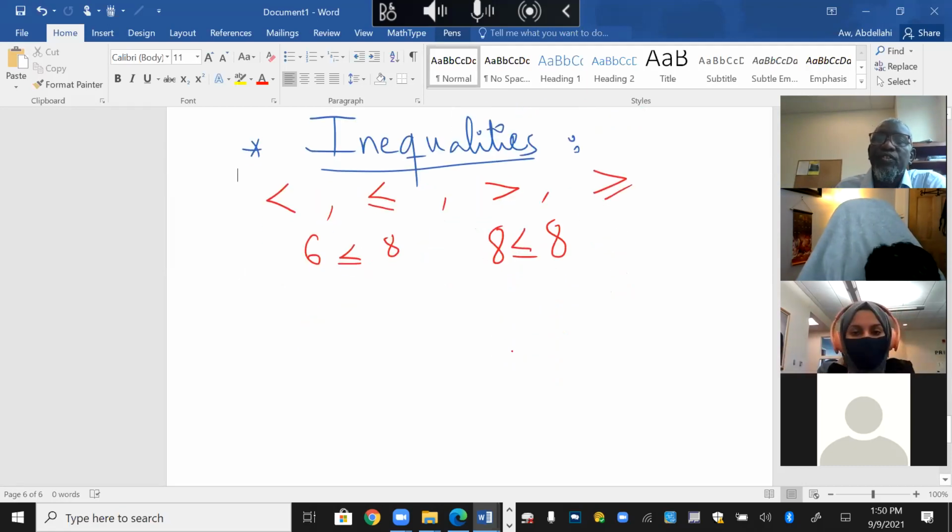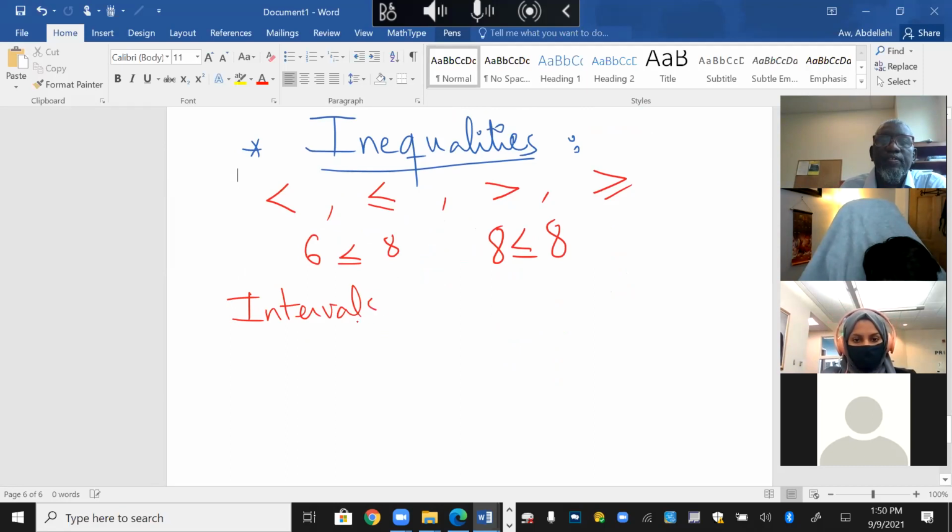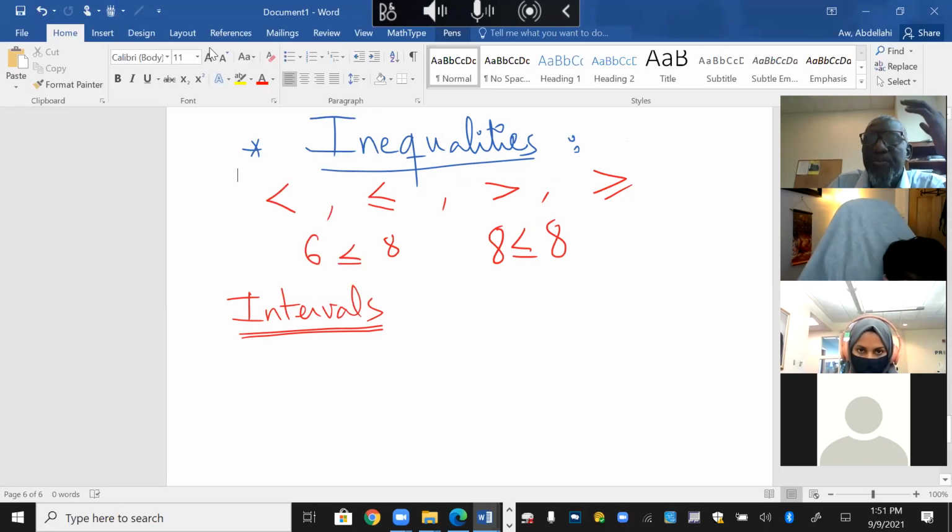So now, do you remember the intervals? We have to talk a little bit about intervals, because the solutions of inequalities very likely will be written as intervals. What is an interval? An interval is a subset of the number line.